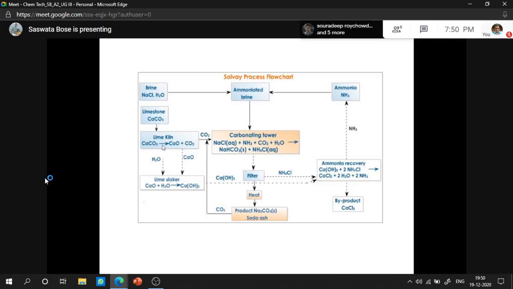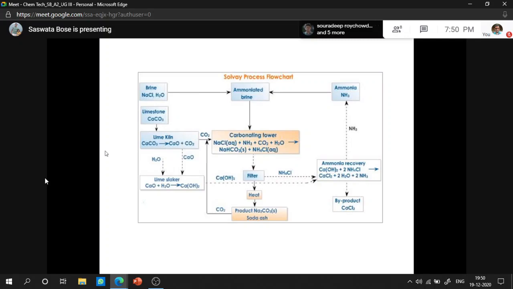That carbon dioxide is being sent to the carbonating tower, and the latter, that is the calcium oxide, along with water is being sent to the lime slacker. In this lime slacker, lime is slacked with water to produce calcium hydroxide, or the milk of lime.